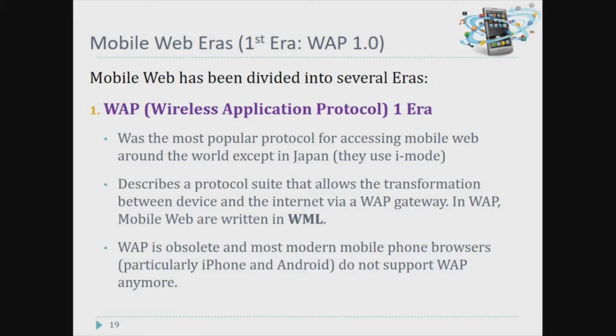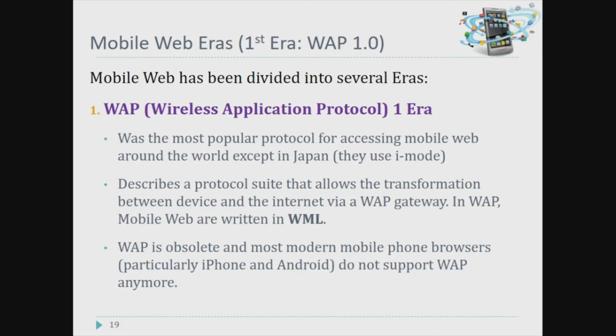This protocol describes a protocol suite that allows transformation between the device and the internet via the web gateway, and mobile web pages are written in WML. This has also been discussed in the previous video. WAP is obsolete and most modern mobile phone browsers right now do not support WAP anymore.